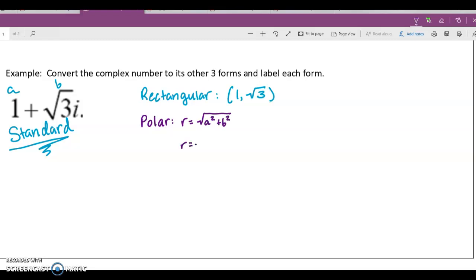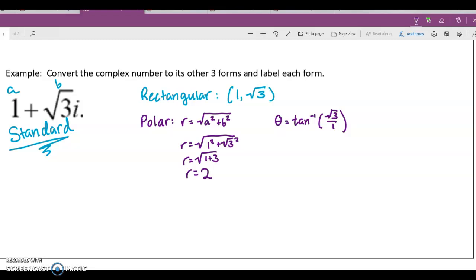So r is equal to the square root of 1 squared plus root 3 squared. Root 3 squared is just 3. So r is equal to the square root of 1 plus 3. r is equal to 2. Okay? And then theta is equal to tan inverse of root 3 over 1.